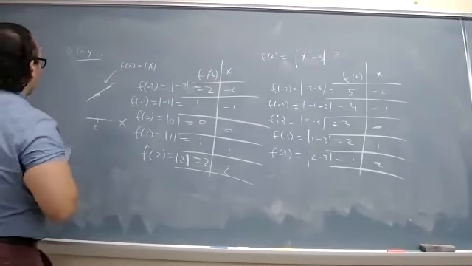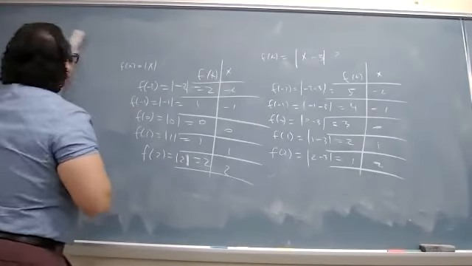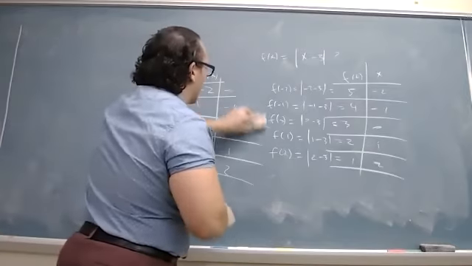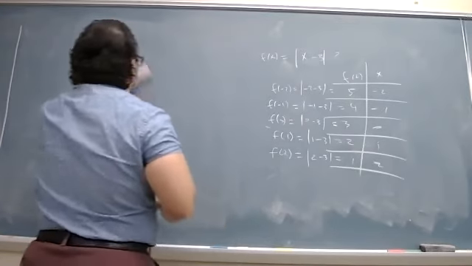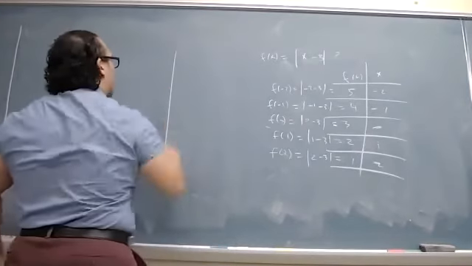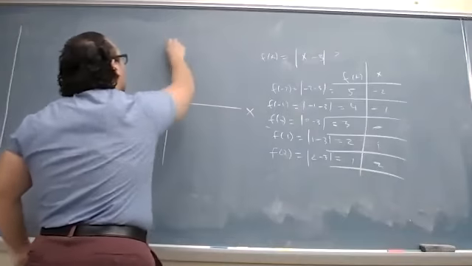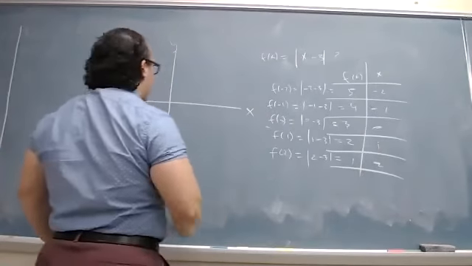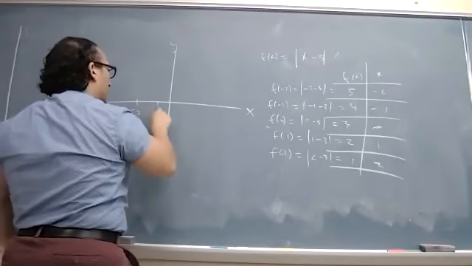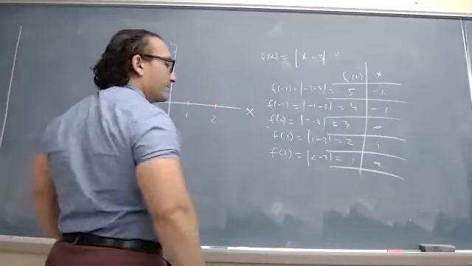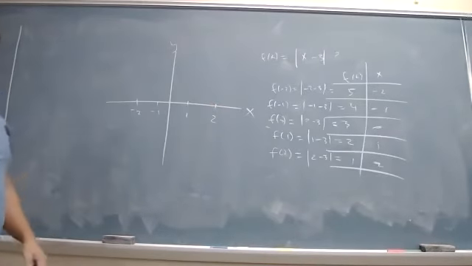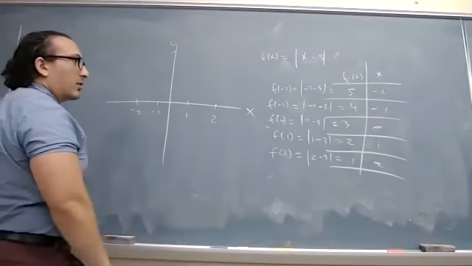Now we're going to play a game where we graph it. Okay. So you'll notice that I'll pick negative 2, negative 1, 1, 2. So then I'll go to negative 2.